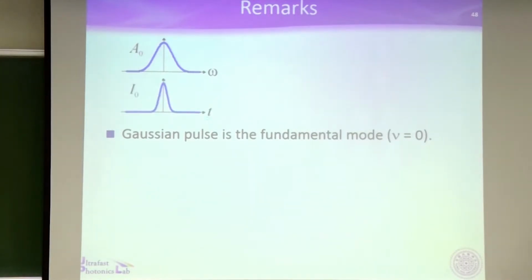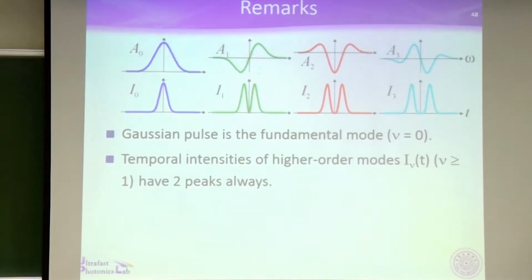Your time domain is also a Gaussian. But if you observe the temporal intensities of higher order modes, I sub nu of t, nu greater than or equal to 1, they always have two peaks. Okay? So the fundamental mode is a special case.